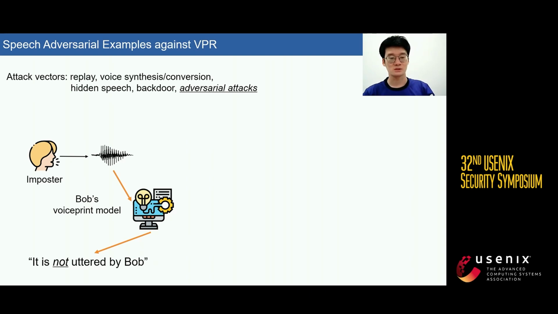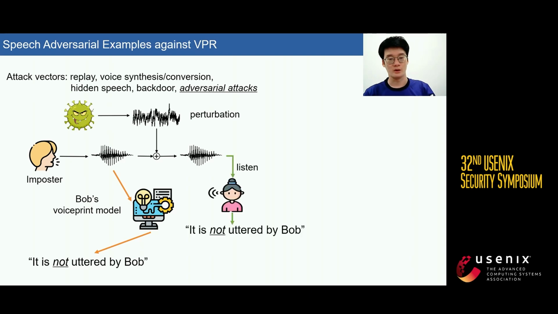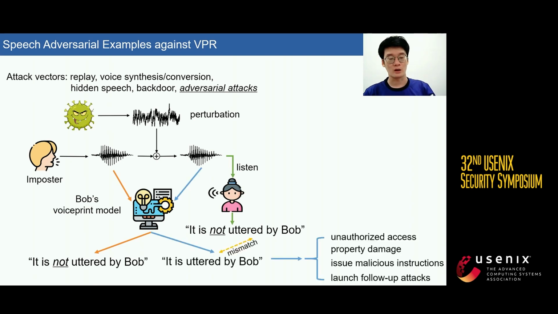Without attack, Bob's voiceprint model will regard this voice as not uttered by Bob. The adversary adds perturbation to this voice to generate a piece of adversarial voice. A third person listens to this voice, but she still does not think this voice is uttered by Bob. However, Bob's voiceprint model regards this adversarial voice as uttered by Bob.